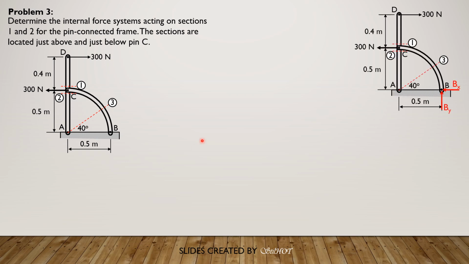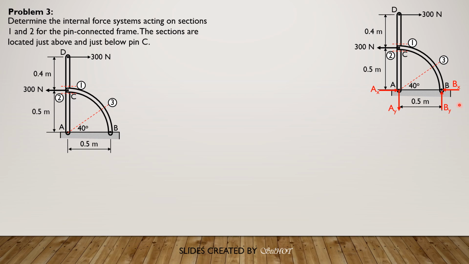So these are the expected component reactions at B and at A. Because the external load is a couple, we conclude that By is equal to Ay in magnitude, but they are in opposite directions. Similarly, Ax and Bx are also equal to each other.